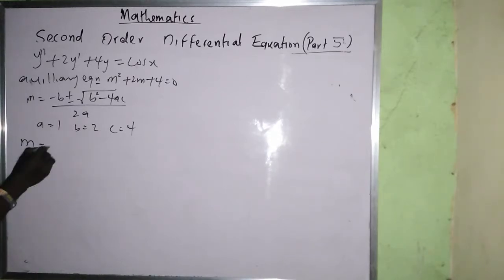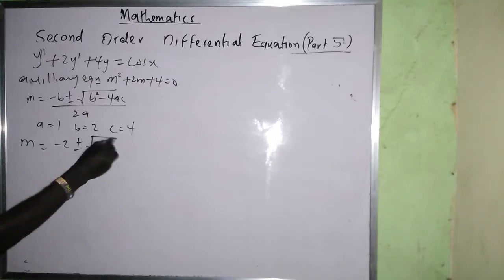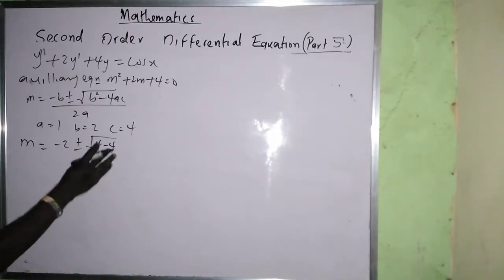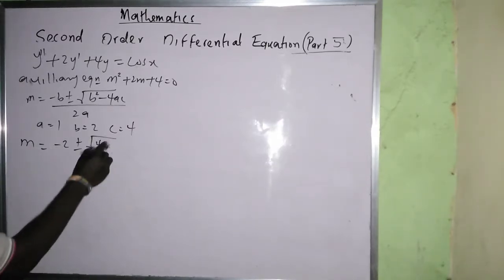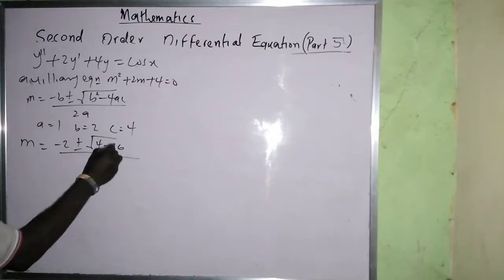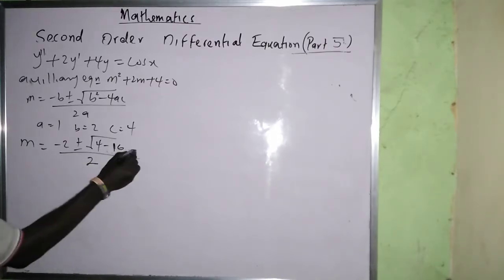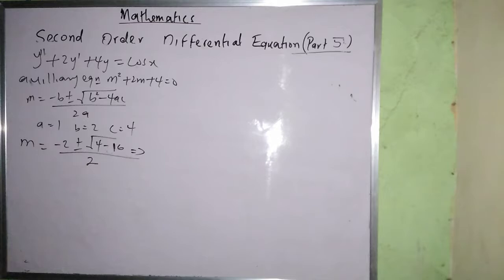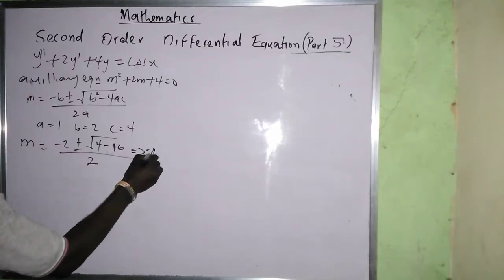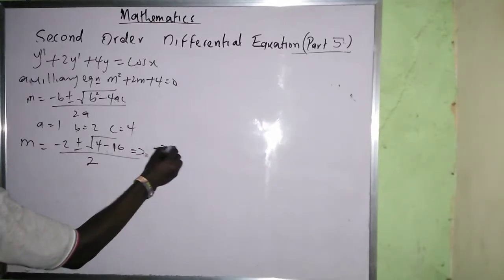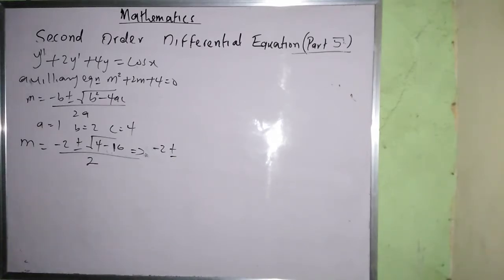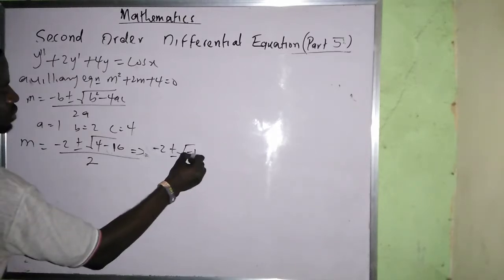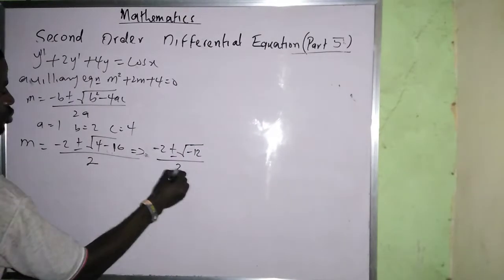Now, m equals minus 2 plus or minus root of 4 minus 4 times 1 times 4, which is 16, divided by 2, which implies I have 12. Now, I have minus 2 plus or minus root of minus 12 divided by 2.